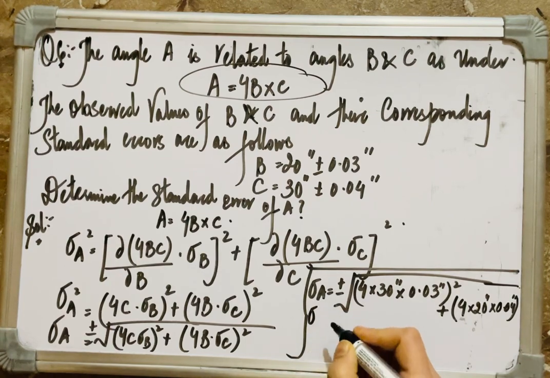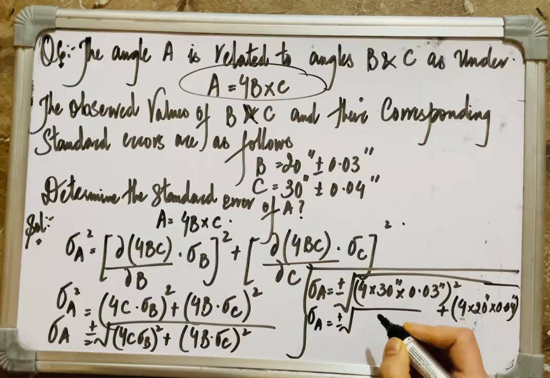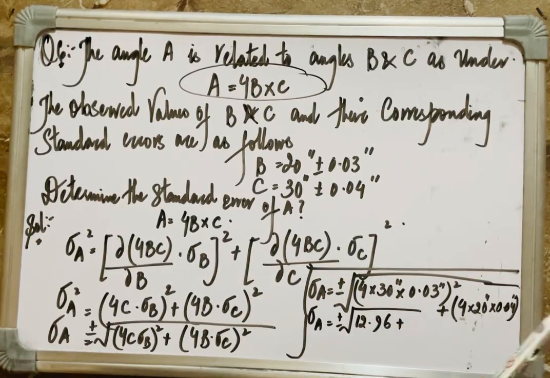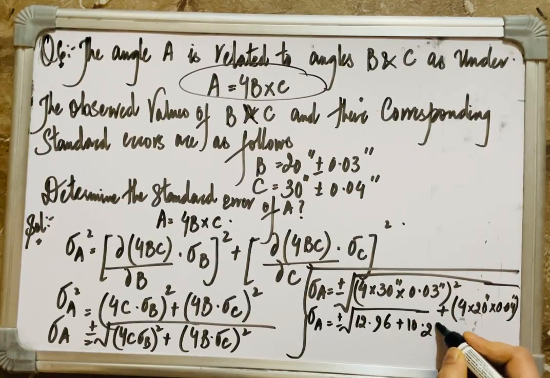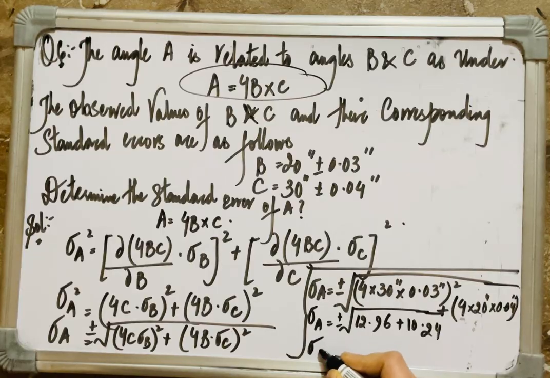By calculation, sigma A is equal to plus minus square root of 12.96 plus 10.24. So the standard error in this is given by plus minus 4.82 seconds.